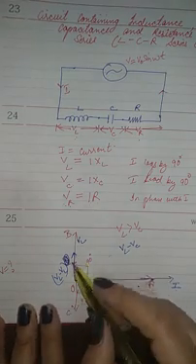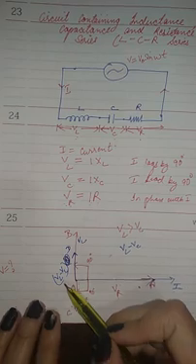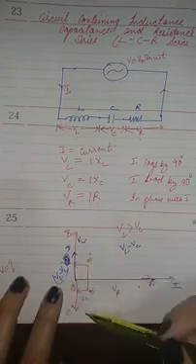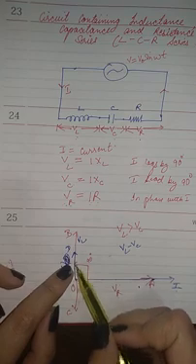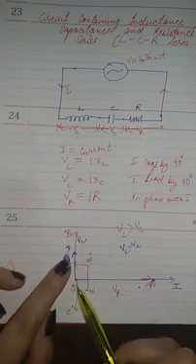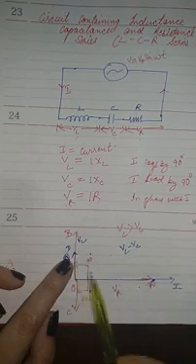Let this point be D. Now this is the resultant of VL and VC. There are two vectors left: vector OD and vector OA.